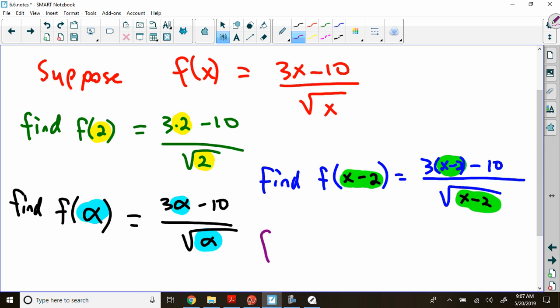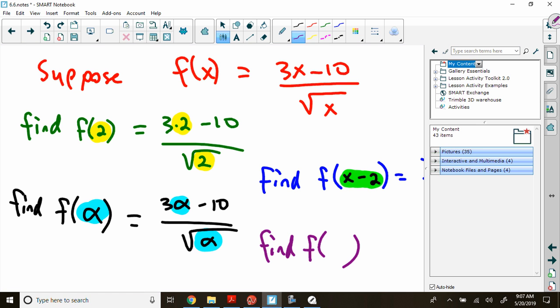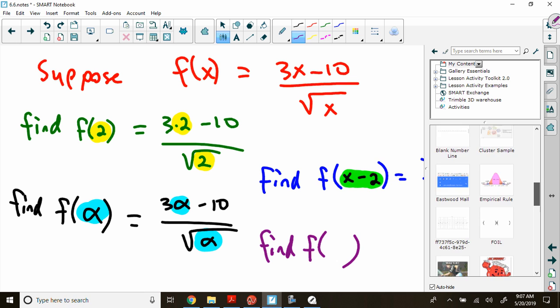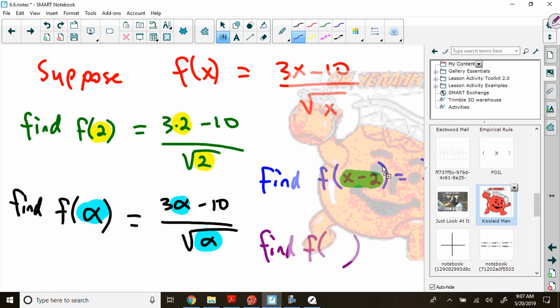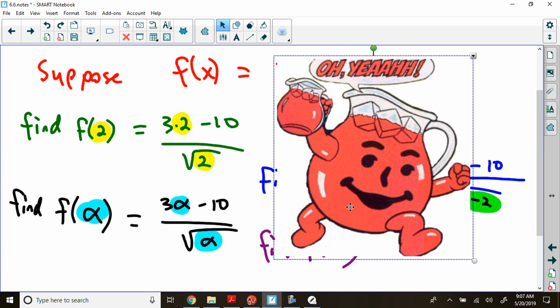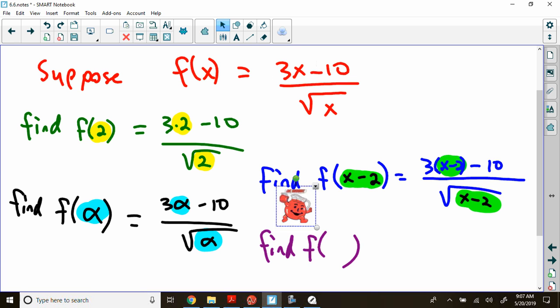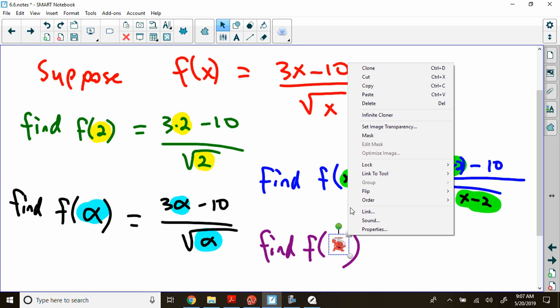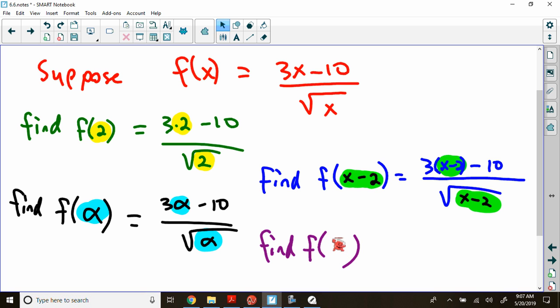Let's see if we can find f of Kool-Aid Man. Everybody loves Kool-Aid Man.